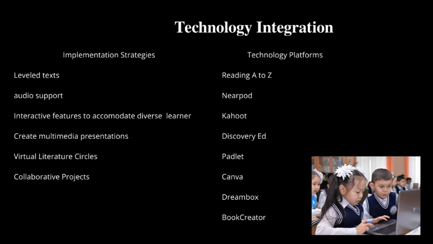The strategies to the left are examples: leveled text, which allows students to read on their level. You can do audio support, which allows the English language learner to listen and read in Spanish and in English, or if they're Haitian Creole or Arabic, they'll have those options on the audio support.